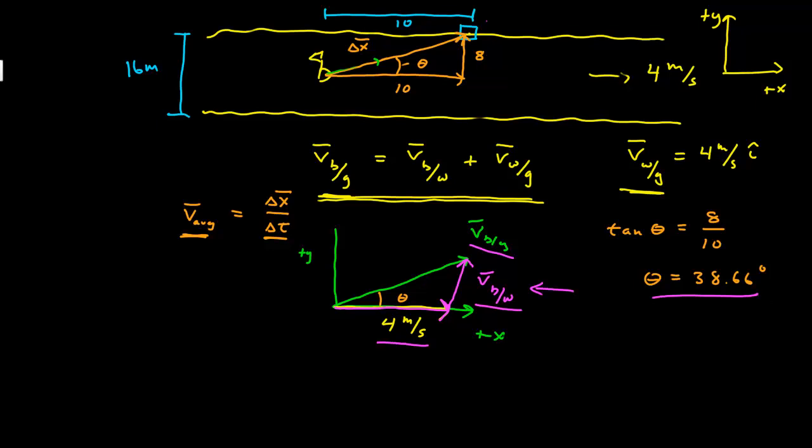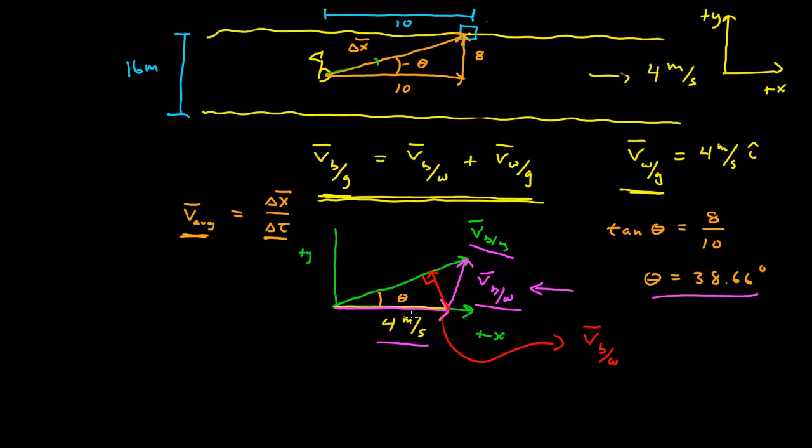So the shortest line is the line that takes me directly to the green vector here that makes a right angle. So this red vector is the smallest magnitude of velocity of boat relative to the water that will get me to the place that I want on shore.